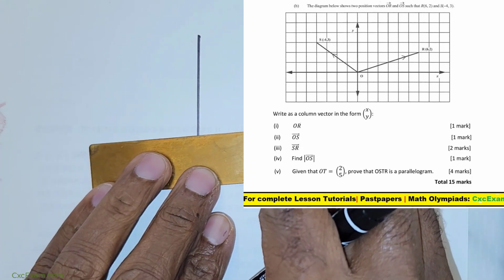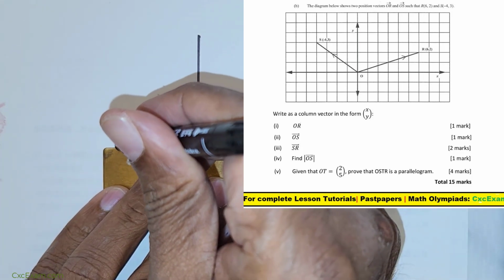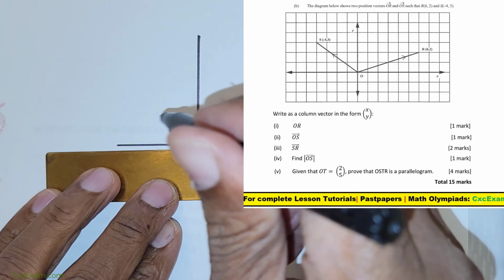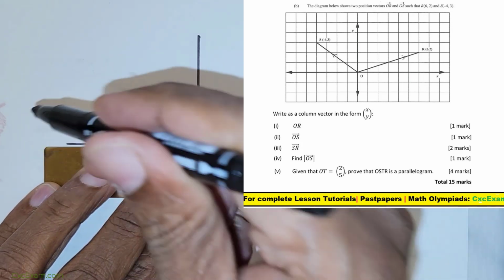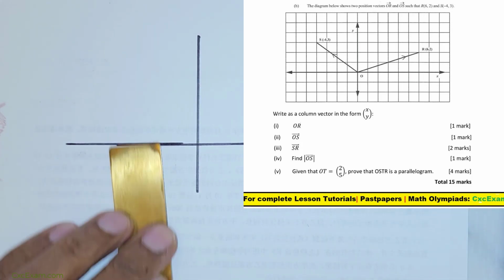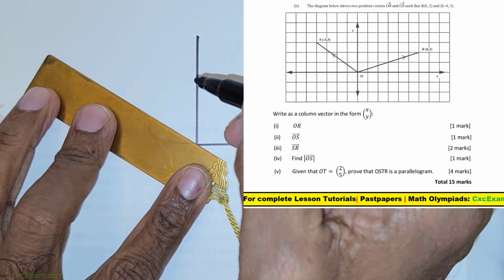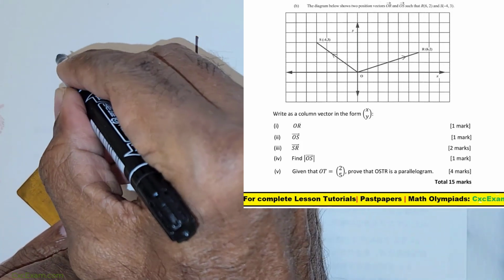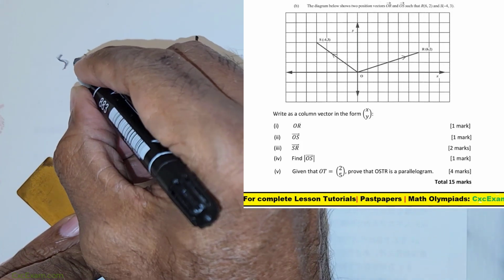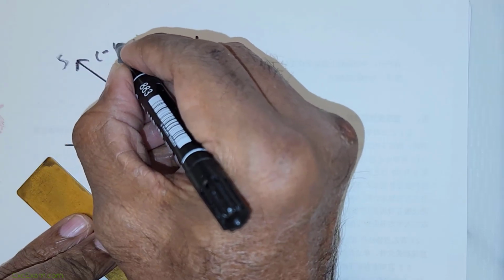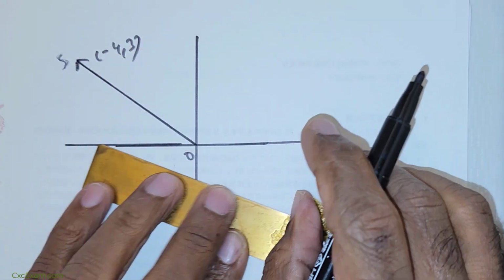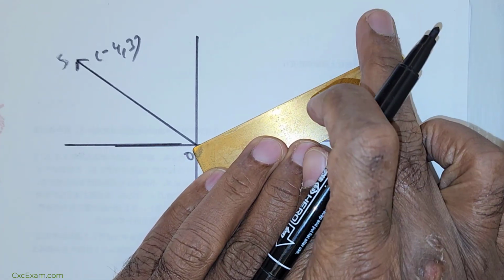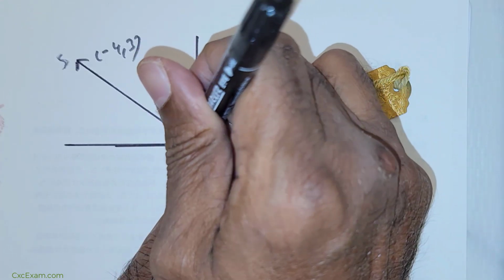Now this is the last part. You're given a vector. This question has got a figure, so let me draw the figure. Now we got O, S. This is (-4, 3) and you get another one.